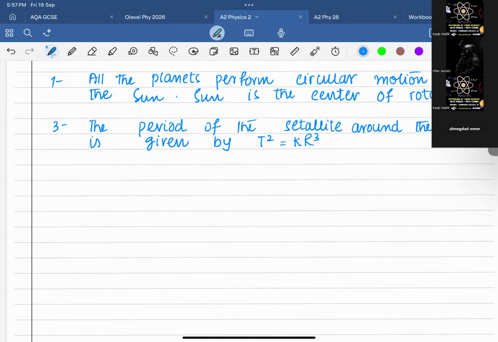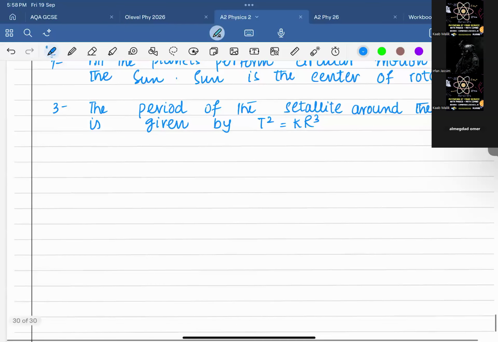So first of all, a satellite is basically of two types.